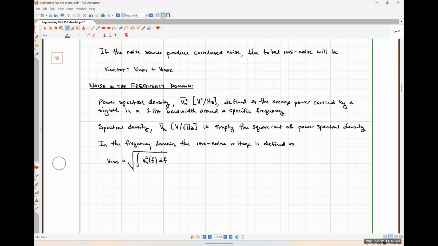So the two most common types of power spectral densities that we might see are white noise and 1 over F noise.